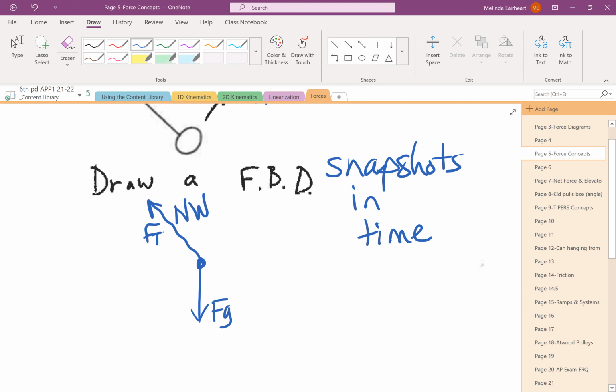Tension wins, okay? Now, if the string is cut, that's a different story. By the way, AP loves to cut strings. Part A, string is there. Part C or D, now the string is cut. It turns into a new problem, right? It becomes a projectile problem, 2-dimensional. So that's it.